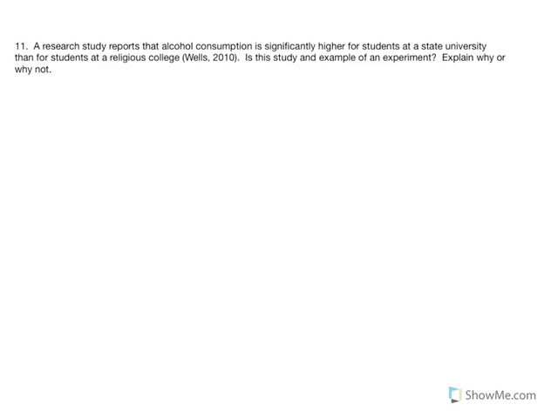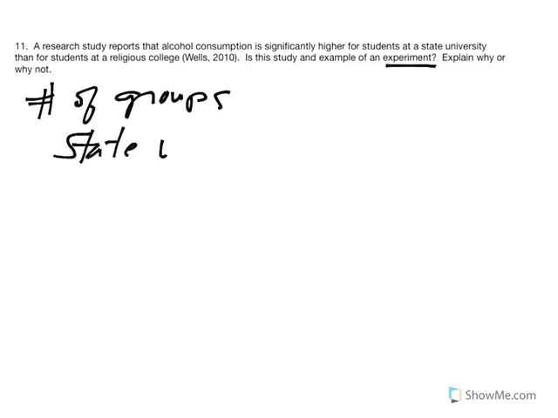So again, let's talk about how many groups we have. Okay, so we're looking at students at a religious college, right, versus a state university. So we have the state university versus the religious. Okay, so we have group 1 and group 2.